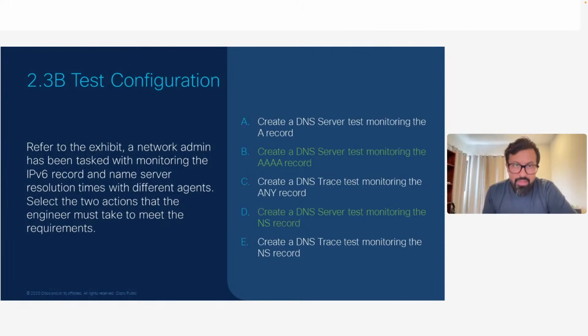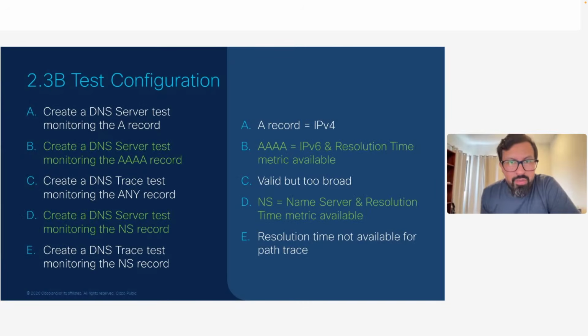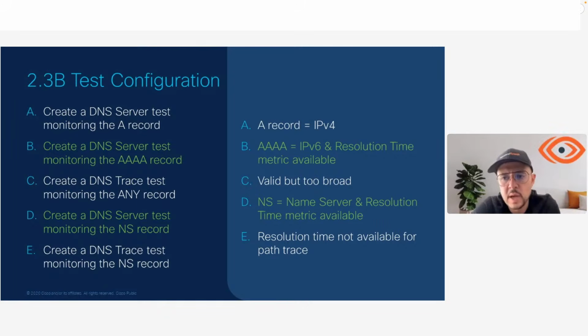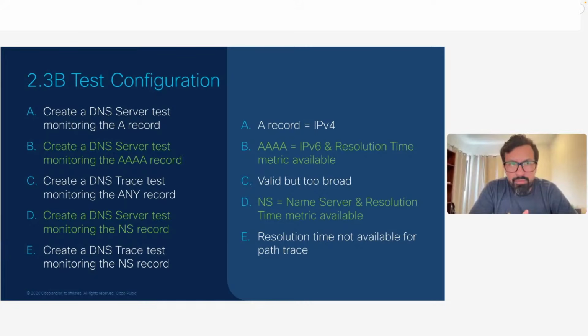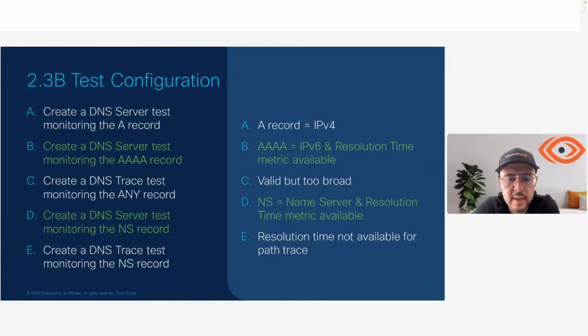Let's see why. Miguel, do you want to walk us through these answers? Yes. An important keyword is the record that we are trying to find. In DNS, the records are quite important. In IPv6, the records are slightly different in comparison to IPv4. So this is an important chunk from the question.